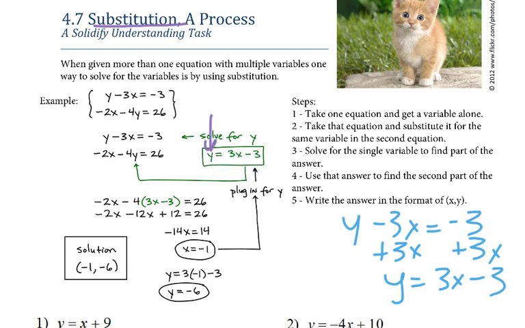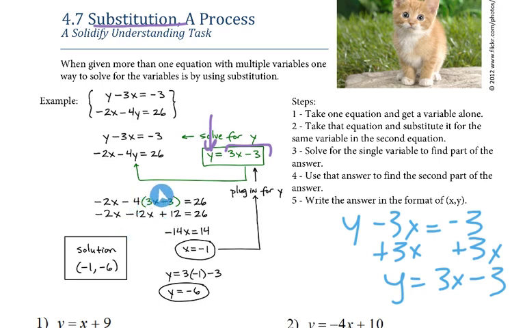Then, just like in cats and dogs, where we got one of either the bags of cats or bags of dogs to equal the rest, we take the y value and swap them. Because this is saying y is equal to 3x minus 3, why not replace the y with 3x minus 3, okay?